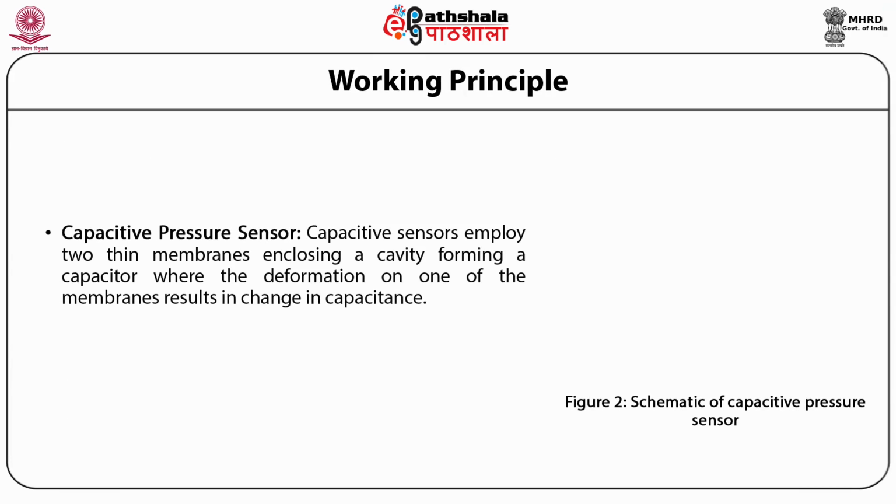So in the capacitive pressure sensor, students, you all can see a diagram on the front side of the slide, and you can see that this type of pressure sensor is capacitive.